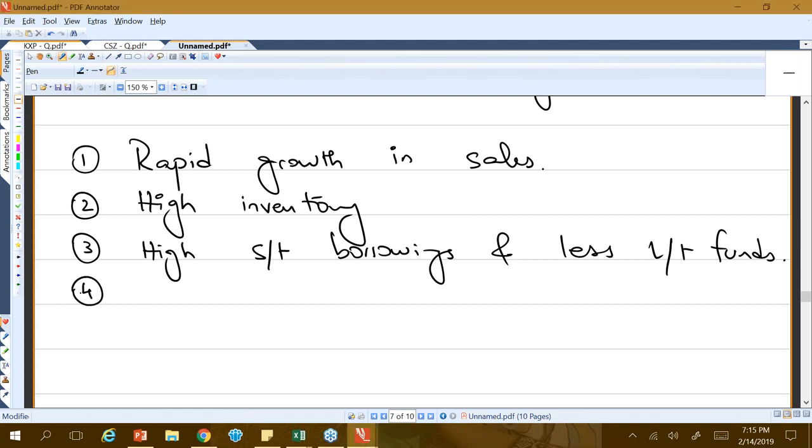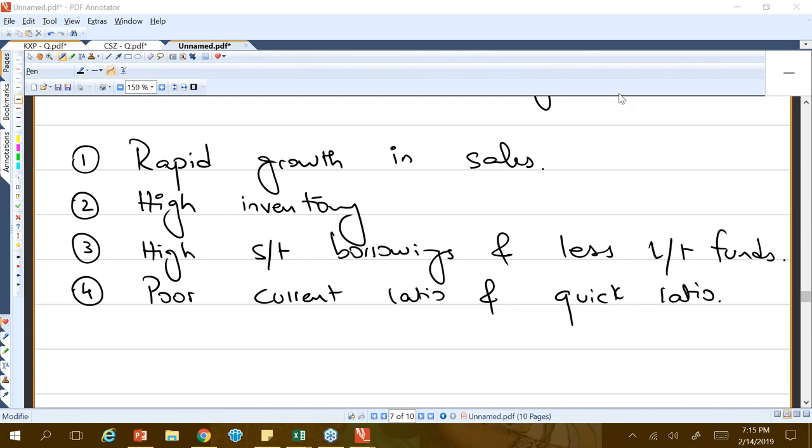Four, you have poor current ratio and quick ratio. Why do you think a poor current or quick ratio is indicating towards overtrading?